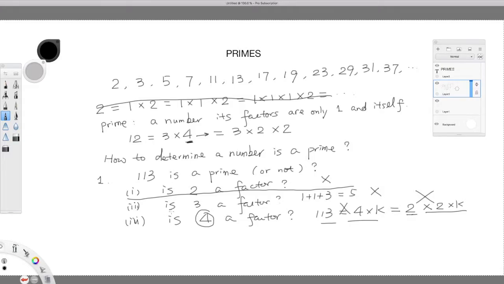By the same token, anything that's a multiple of 3, I don't need to check anymore. So if you are paying attention, that means when we check all the factors, we only need to check all prime numbers.